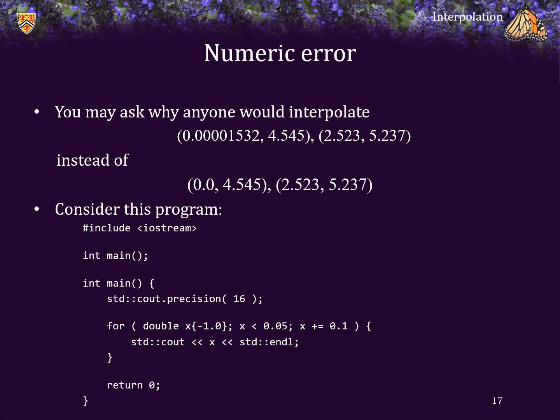The first point is to set the precision for the output to be 16 decimal digits. Now, here we have a for loop. The for loop is going to run from -1 up until x is greater than or equal to 0.05. And with each step, we will increment x by 0.1.